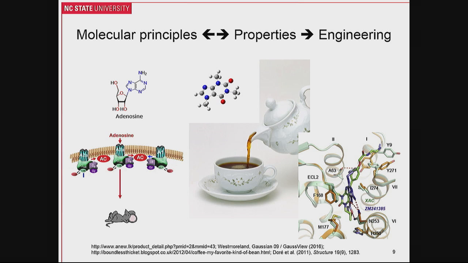So adenosine docks into here, the receptor triggers action within the cell, and the mouse goes to sleep. That's good. Other times we actually want to be a wide awake, jittery, jiggly mouse. As it turns out, the caffeine also docks on these receptors. It inhibits the behavior of the adenosine. So that's all nice to know.